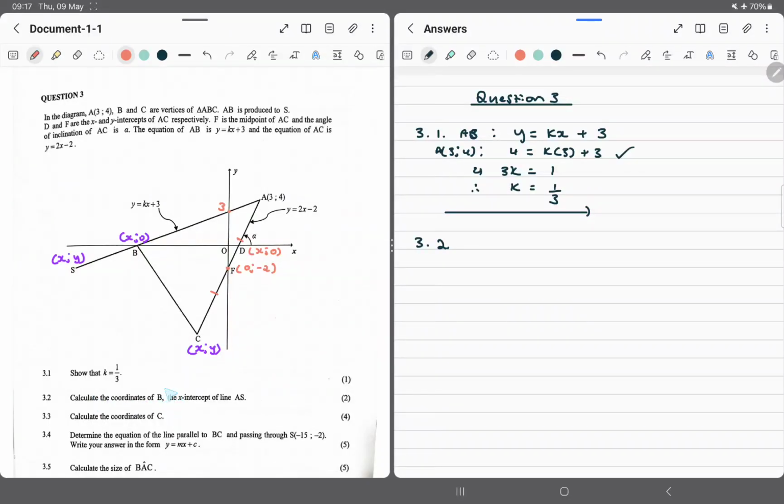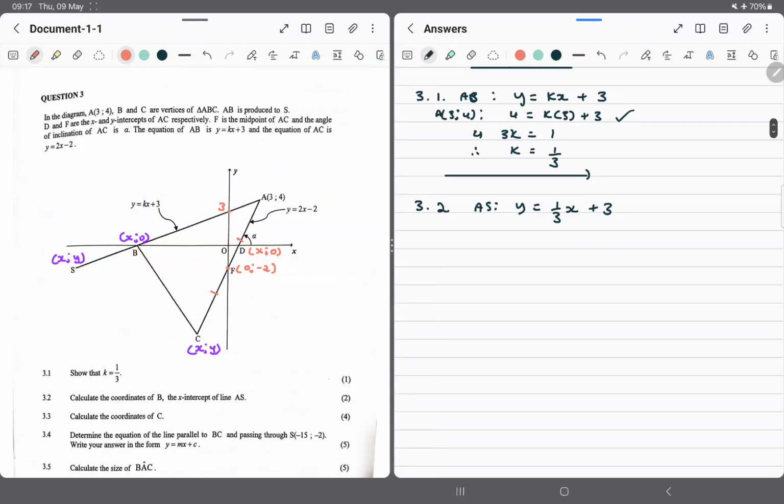3.2 says calculate the coordinates of B, the x-intercept of AS. Okay, that's easy. AS is now the line y equals 1 over 3x plus 3, because we know this is AB produced. Then at B, 0 is equal to a third of x plus 3.